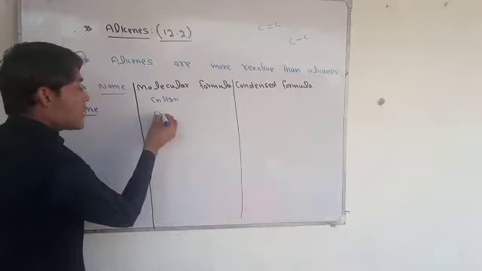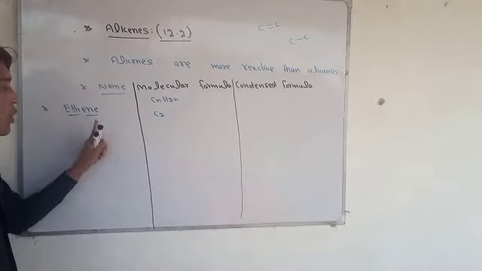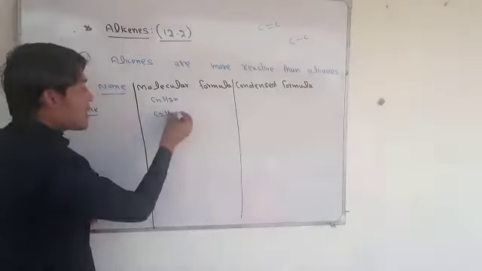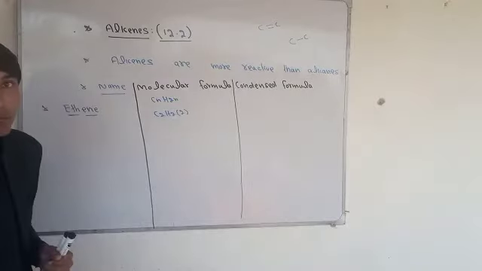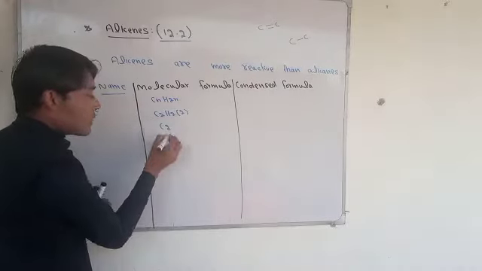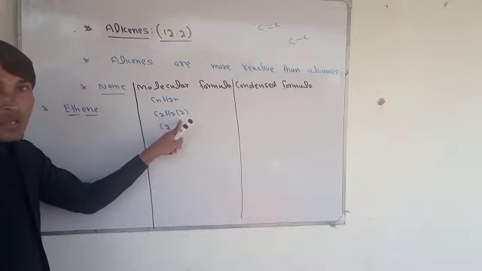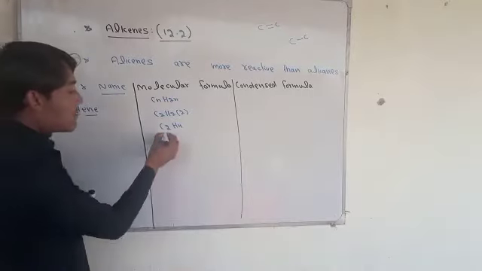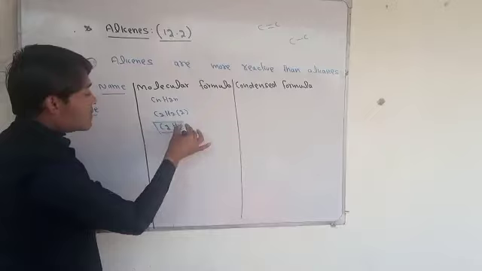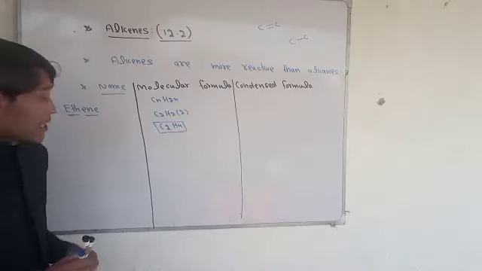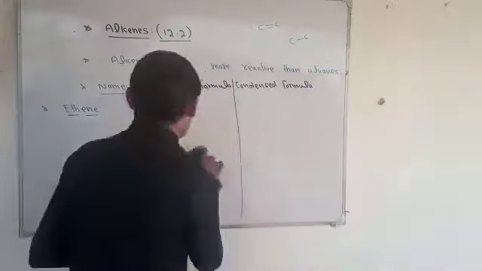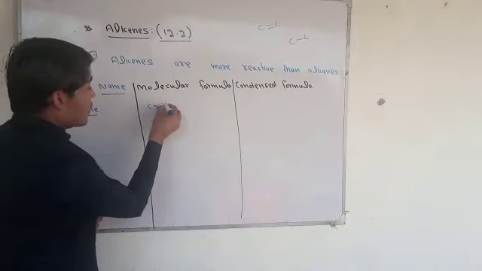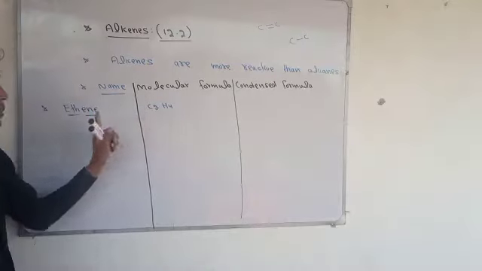So we get the molecular formula for ethene, which we can write as C2H4.